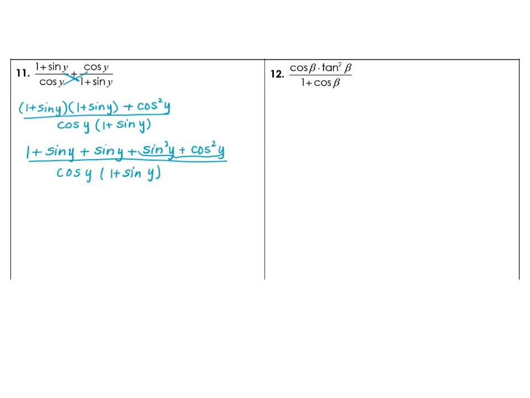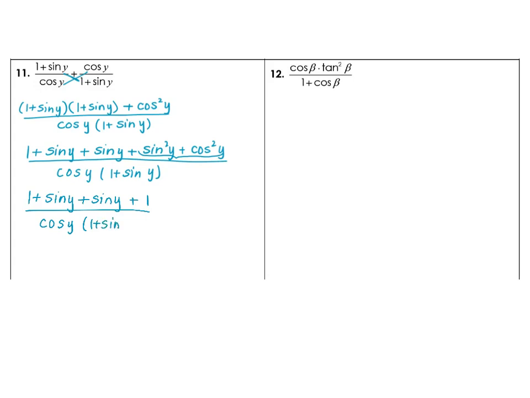So, let's see, we're going to have 1 plus sine y plus sine y plus 1 all over cosine y times 1 plus sine y.